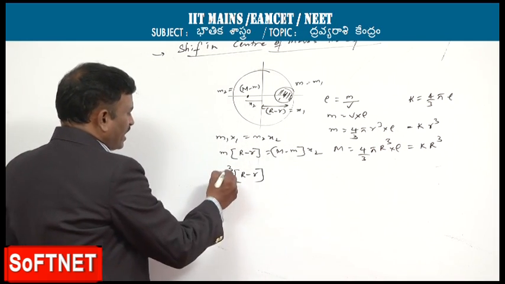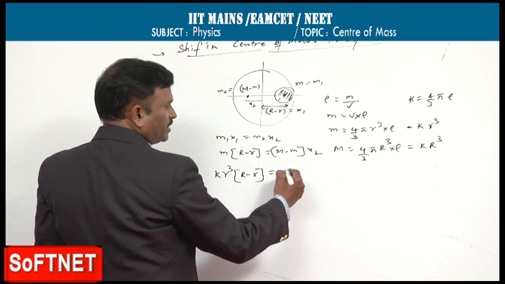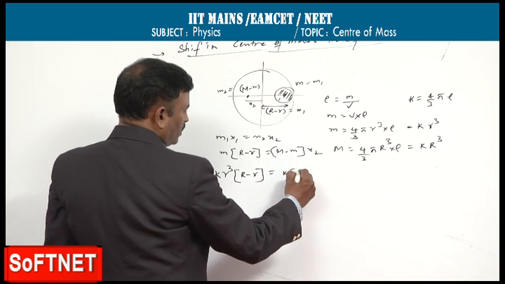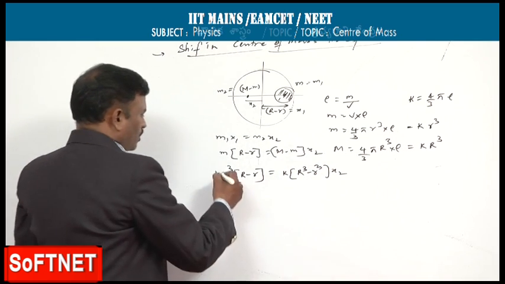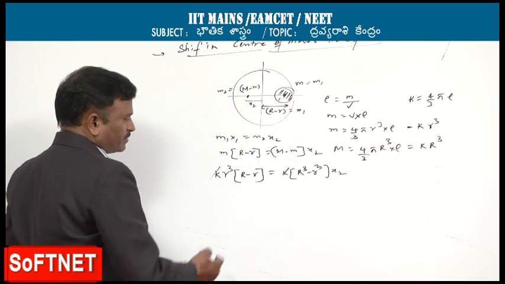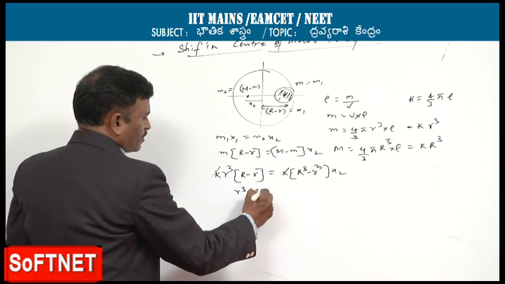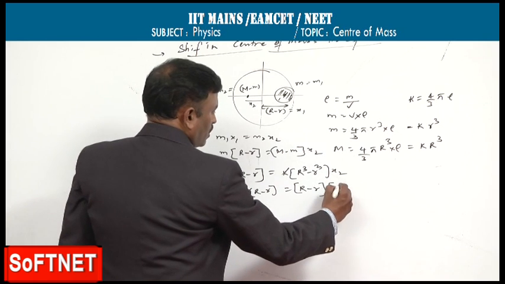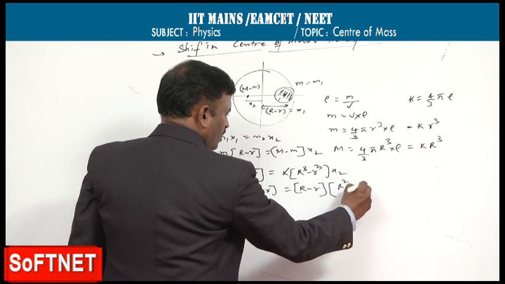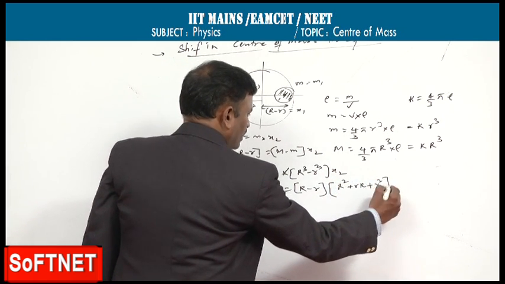We can write k r cube into (R minus r) equal to k into (capital R cube minus small r cube) into x2. Now k will get cancelled. r cube into (R minus r) equals (R minus r) into (R square plus rR plus r square) into x2.